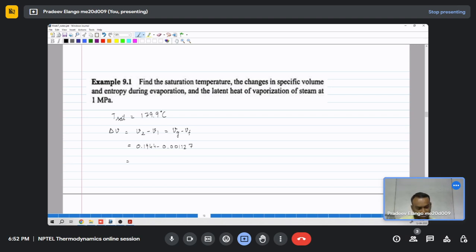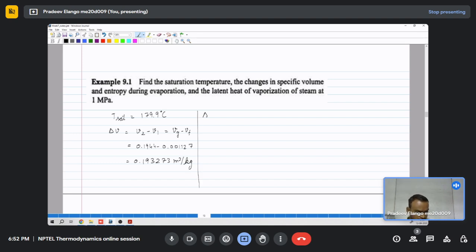So this is the change in specific volume during evaporation, 0.193272 meter cube per kilogram.